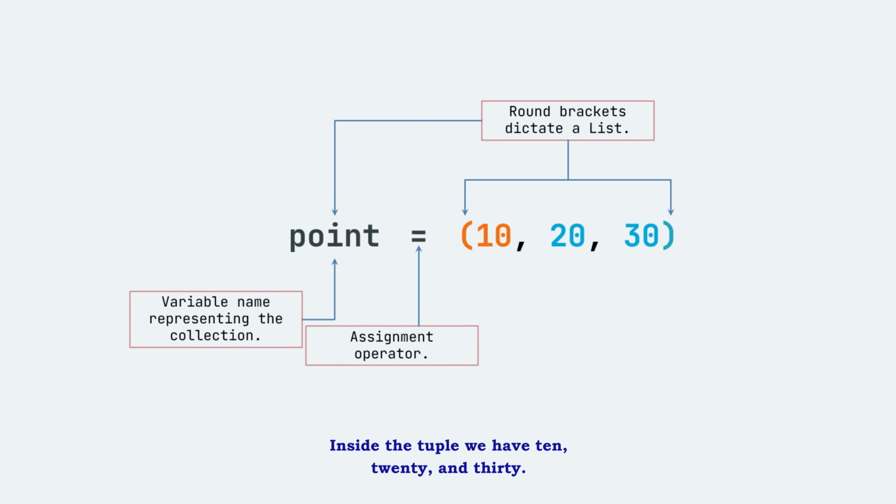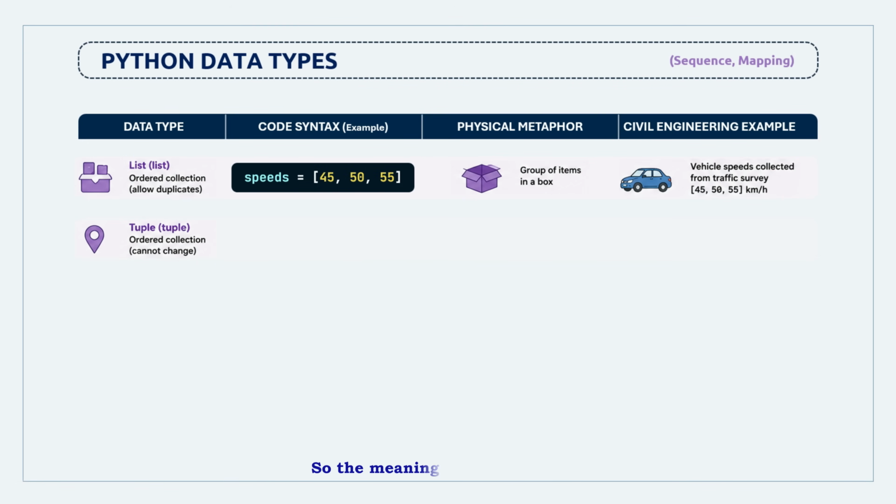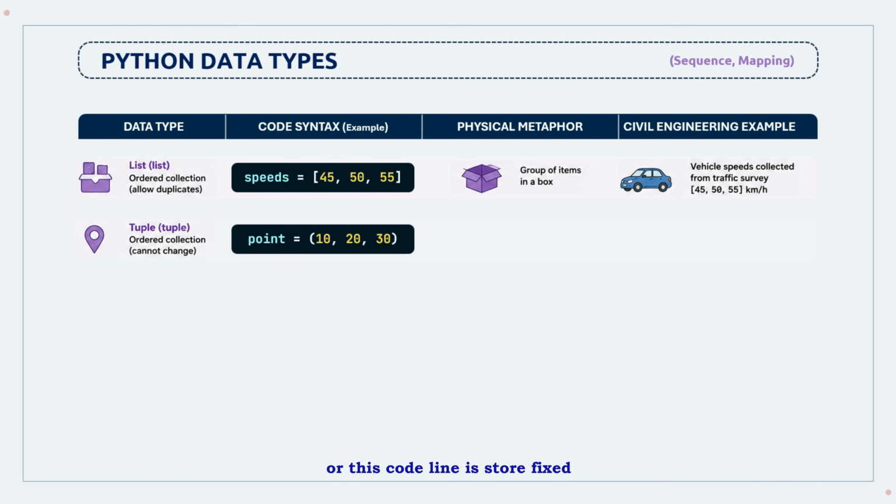Inside the tuple, we have 10, 20 and 30. These are the tuple elements. So, the meaning of this code line is store fixed coordinate values inside a tuple called point. Point is the variable name.